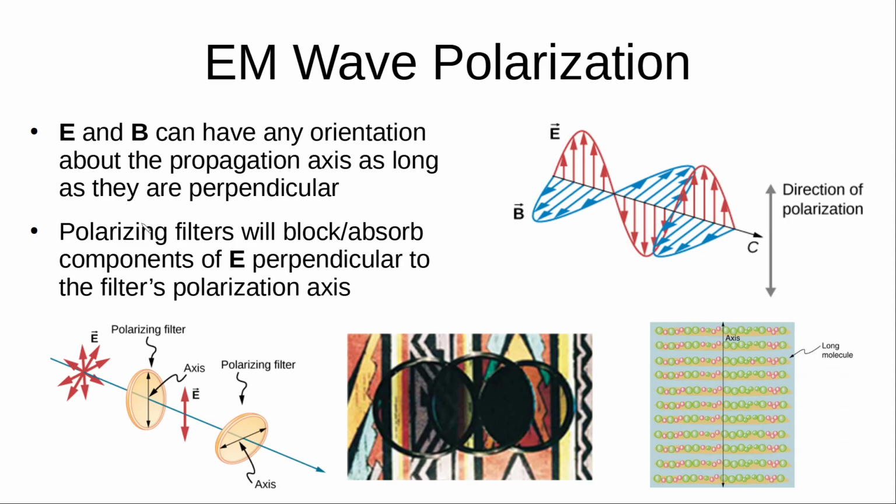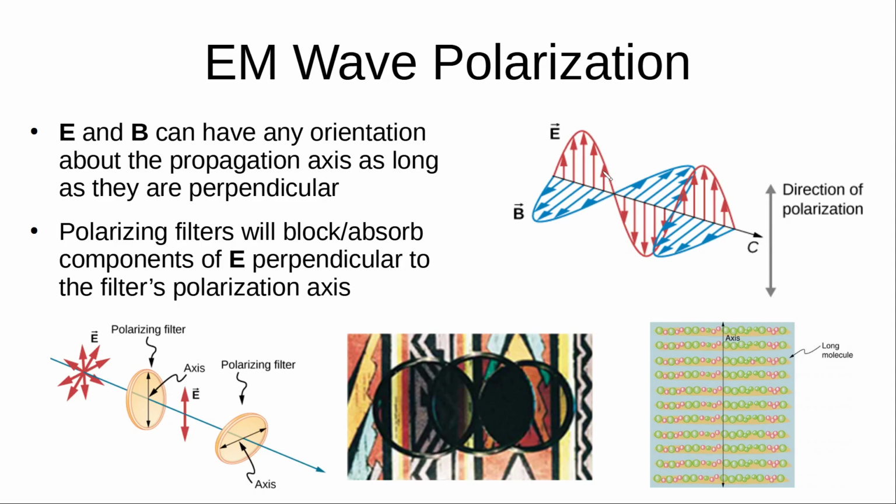But the orientation of the electric field doesn't have to be vertical. As long as the electric and magnetic field are perpendicular, they can be rotated around the axis of propagation, the direction of propagation of the wave.